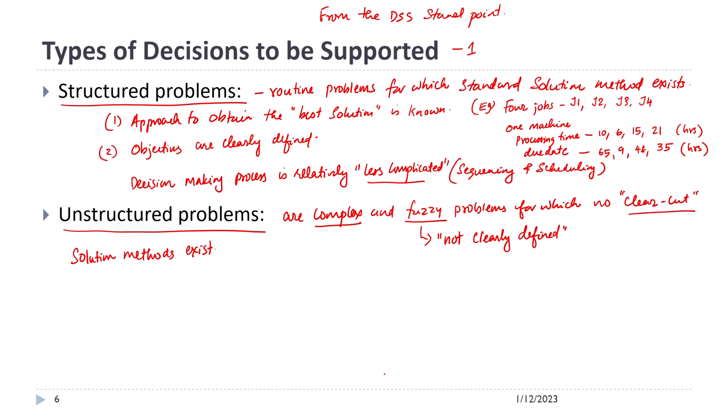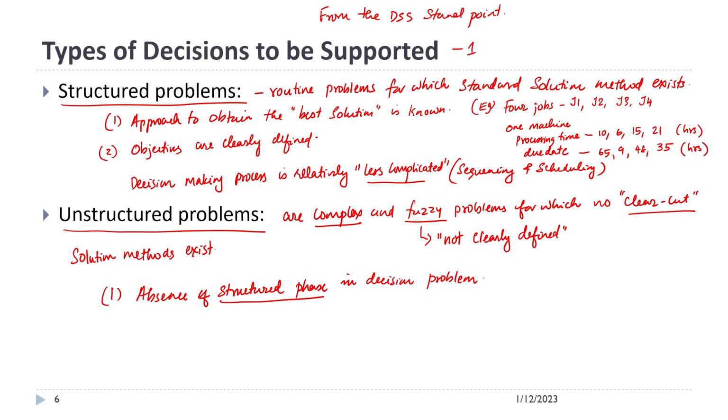Number 1 aspect of this is there is an absence of a structured phase in the decision problem. This absence causes the problem to be not clearly defined.